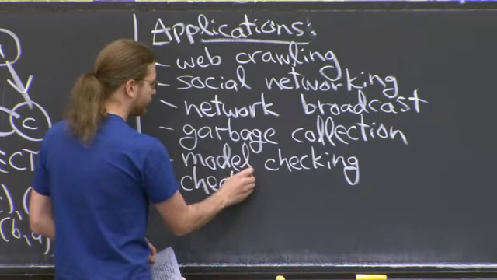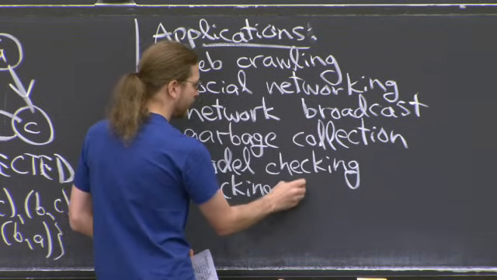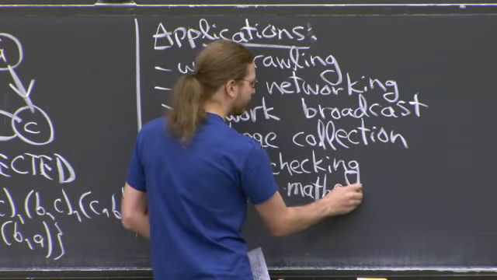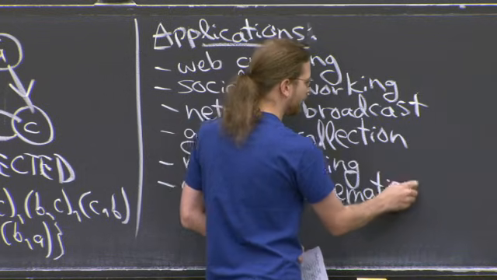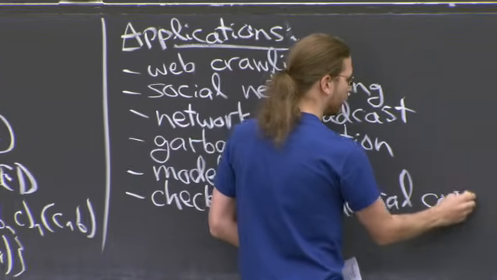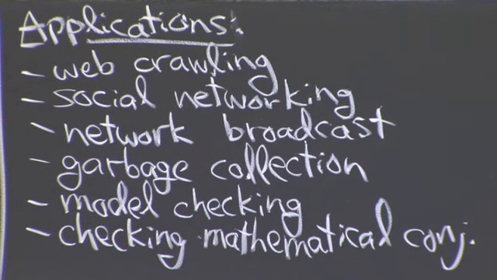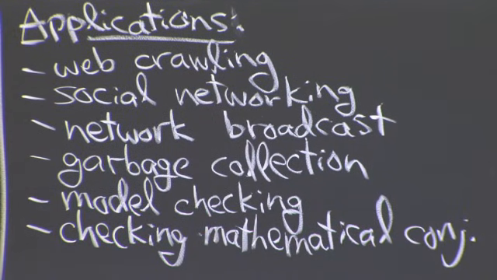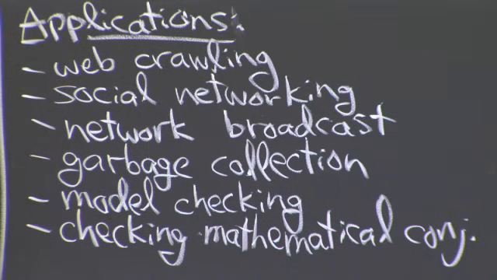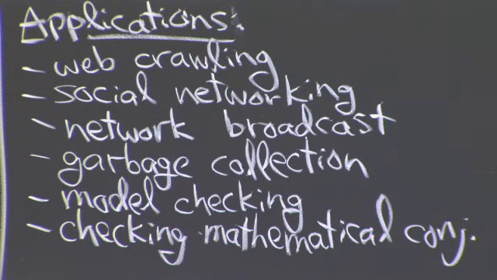I use Breadth-First Search a lot myself to check mathematical conjectures. So if you're a mathematician and you think something is true, well, it's hard to give an example of that. But you can imagine some graph of all the possible sort of inputs to that theorem, and you need to check them for every possible input.